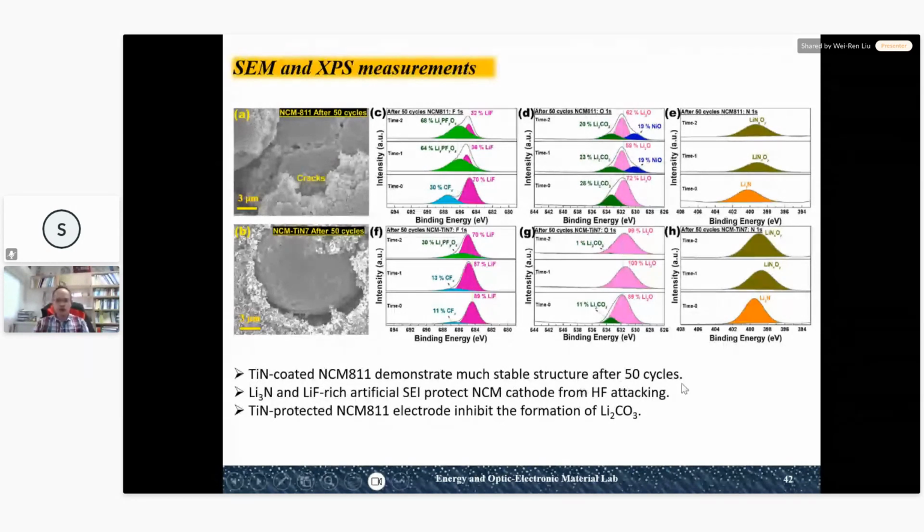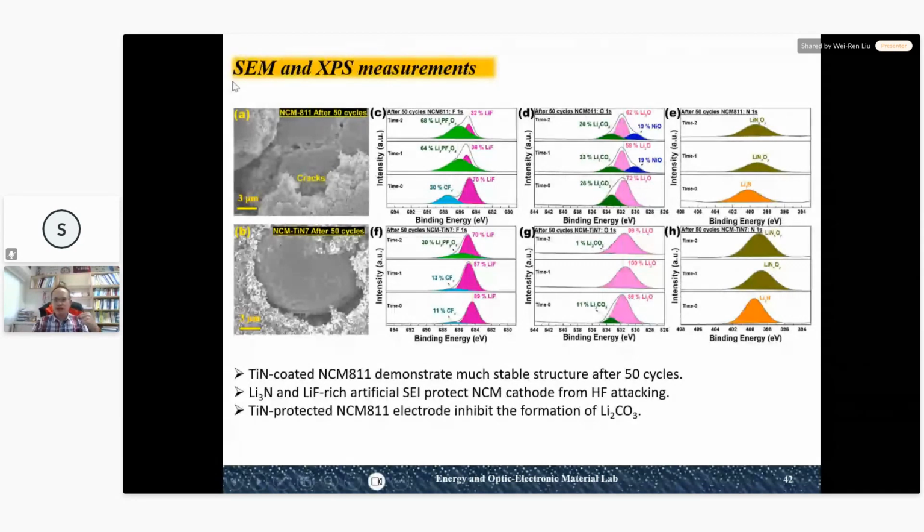And also we charge and discharge our electrode and open the coin cell to test the XPS, to evaluate the CEI formation and the CEI composition.